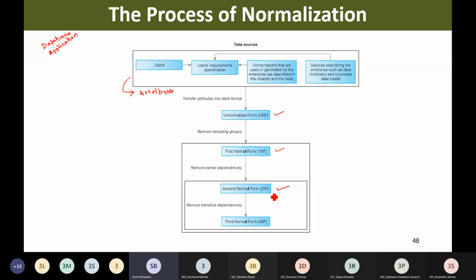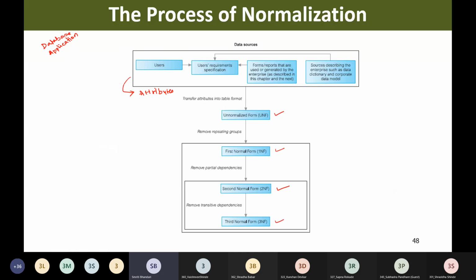Now, whenever we have the relations in 2NF, it may happen these relations are still having some transitive dependencies. So we try to remove this transitive dependency.